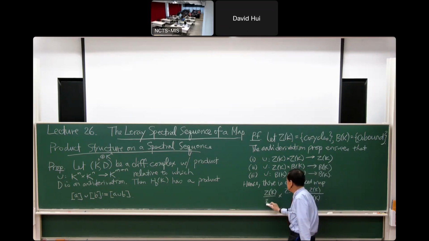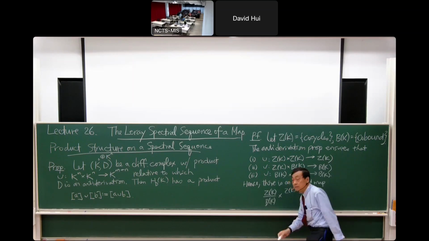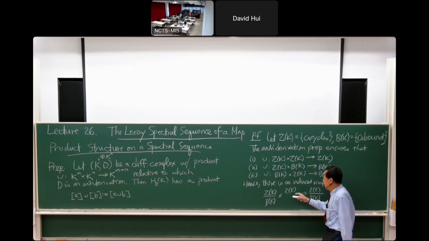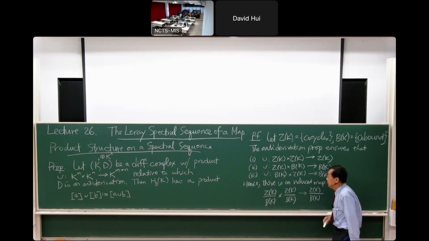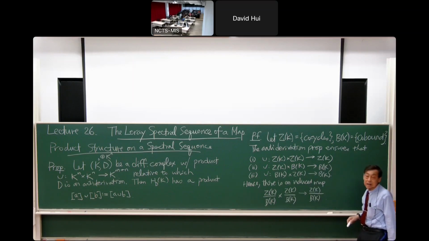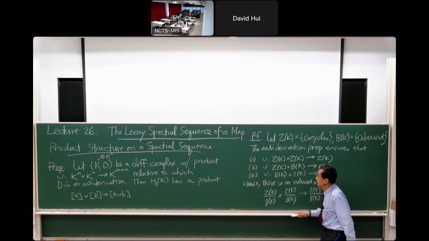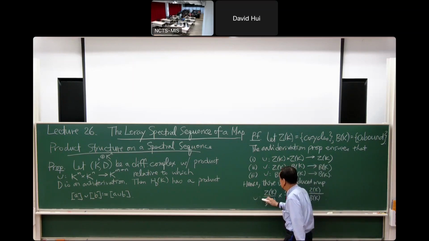Therefore, there's an induced map. You can mod out by B of K there. And B of K here times Z of K will also go to 0. And so you can also mod out by B of K. So there's an induced map in cohomology.